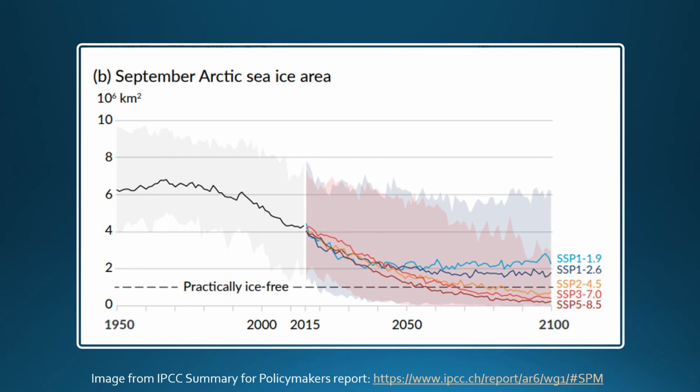So if we continue to increase emissions as the more dire models predict, then there will be essentially no sea ice left in the Arctic after about 2050. However, if we are able to decrease emissions to zero carbon emissions by the year 2050, as the more optimistic models show, then we will be able to preserve some of that Arctic sea ice.